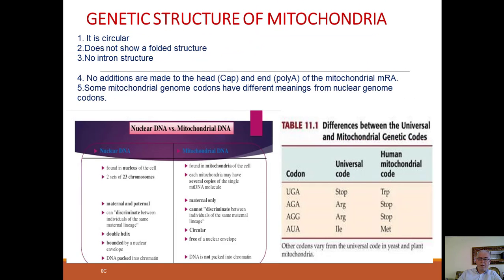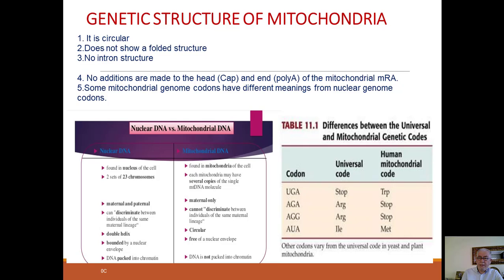Another important topic is mitochondrial genetics. I want to give some information about the genetic structure of mitochondria and mitochondrial disease. The mitochondrial gene is circular, does not show a folded structure, and has no intron structure. We generally accept that the genetic code is universal.